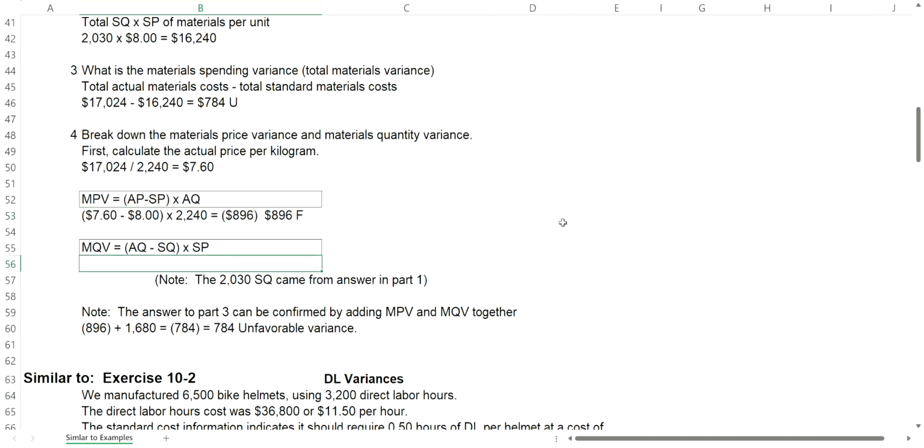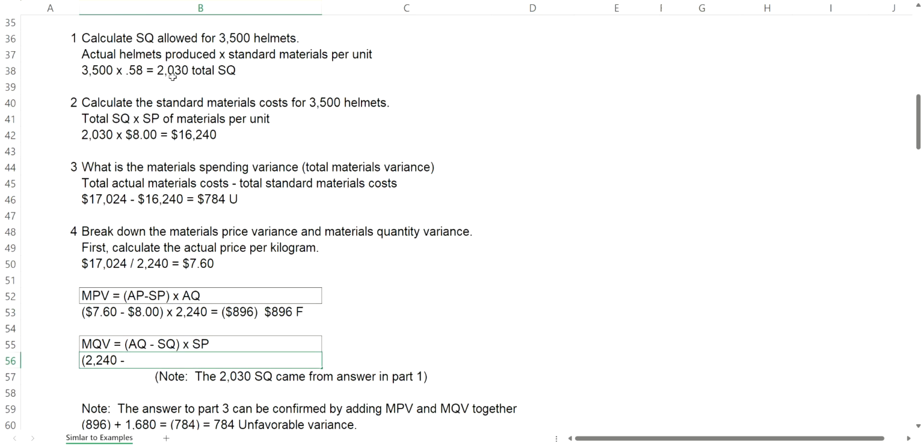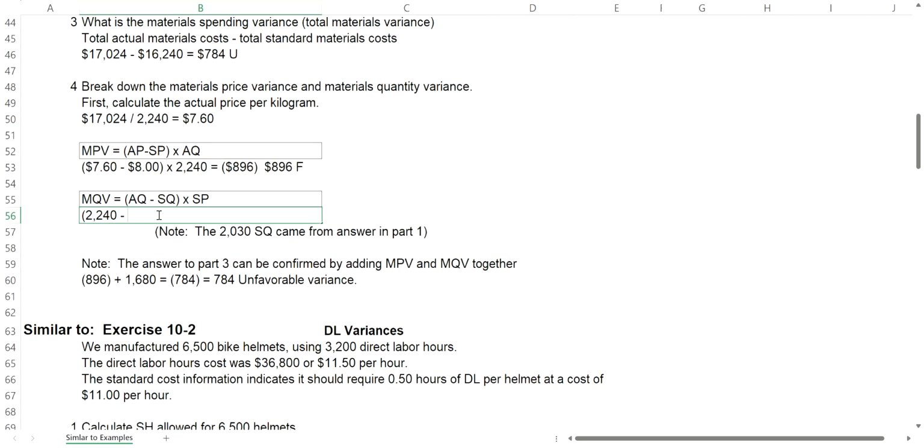Okay, next I want to break down my material quantity variance. Okay, I want to take the actual quantity, which was given at 2,240 kilograms, minus my standard quantity, which I calculated up here in part 1, 2,030 kilograms.